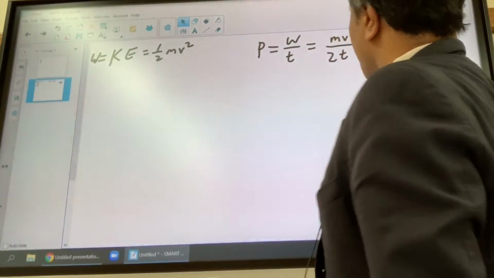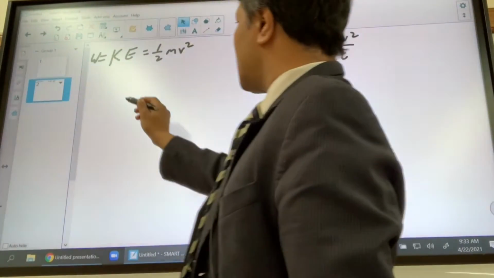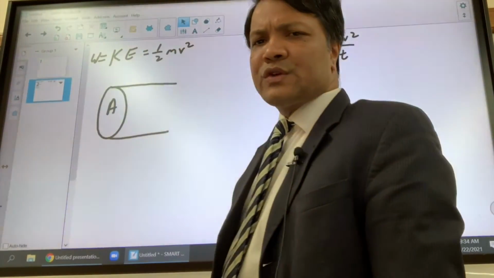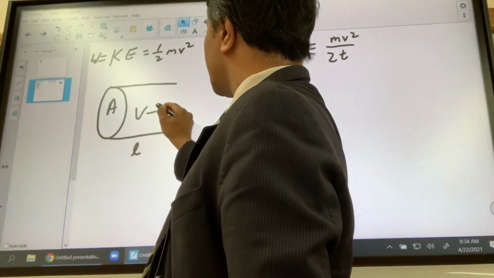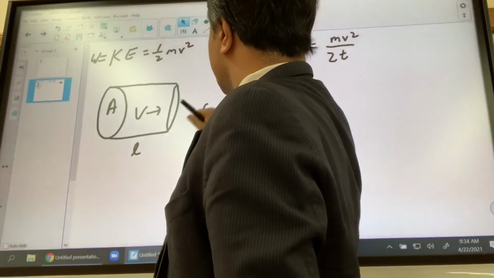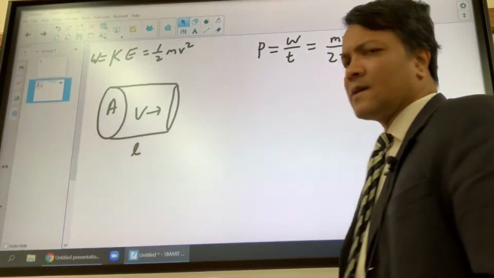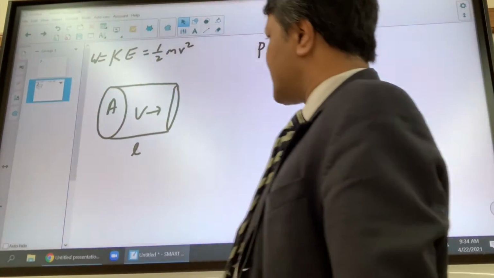Now when we talk about the mass, what are we talking about? Let's draw the diagram again. Through the swept area A, length L with velocity v per second. Okay, now what is the mass?